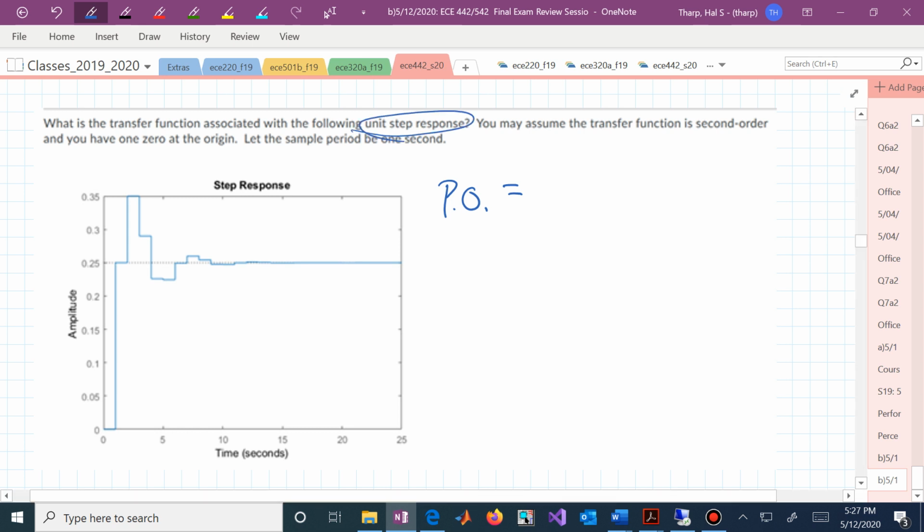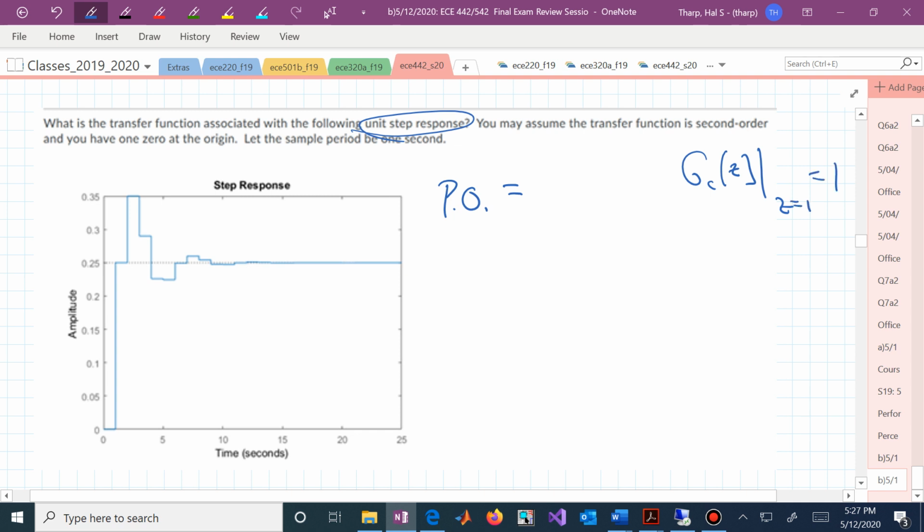We've injected a 1, so now whatever we're doing, eventually we need g sub c of z, and we're told that we can assume this is a second order and we have a zero at the origin.